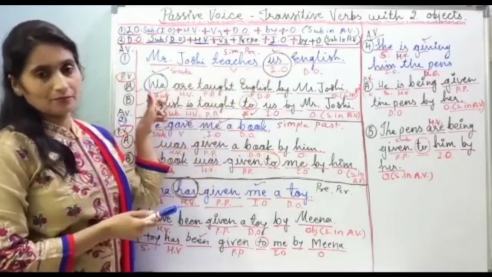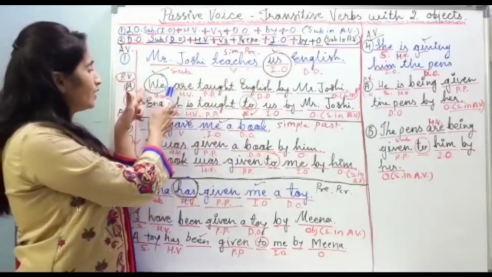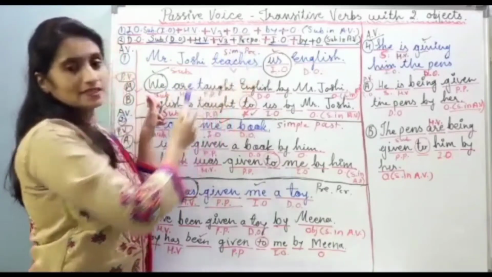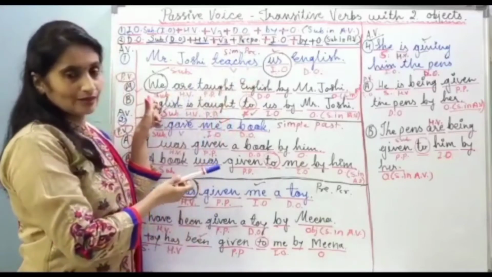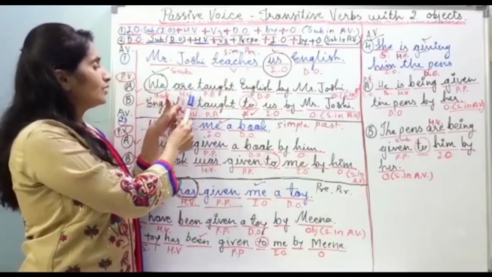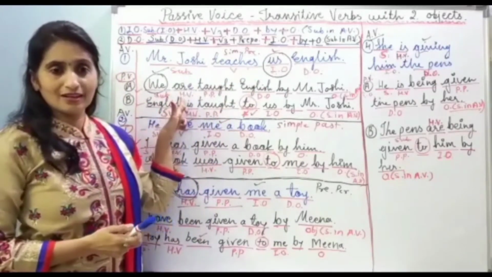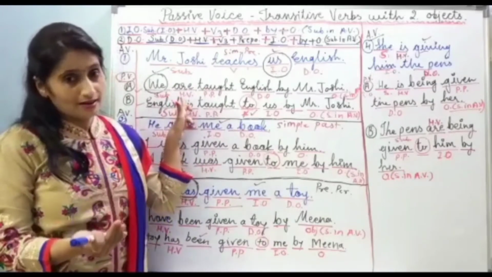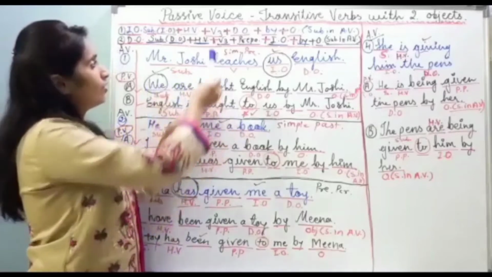Us becomes we. So now we has become the subject. The sentence is in simple present tense, and so we have to make use of the helping verb are. We do not say we is, we say we are. So we are. Then what?